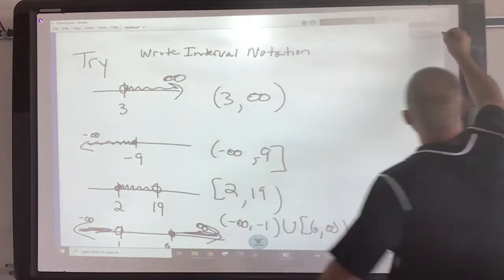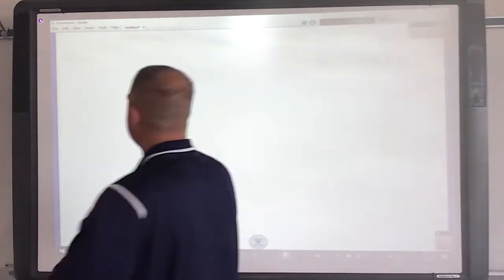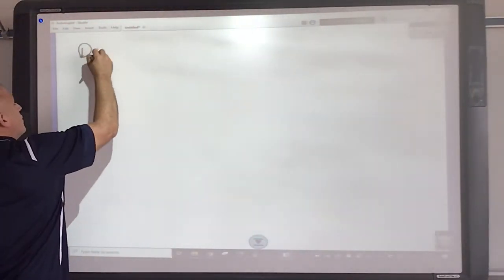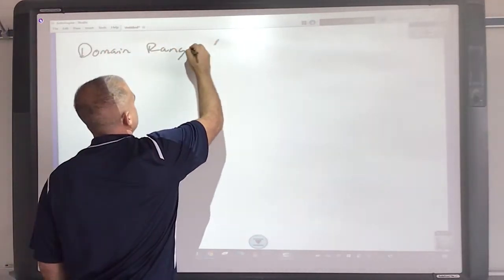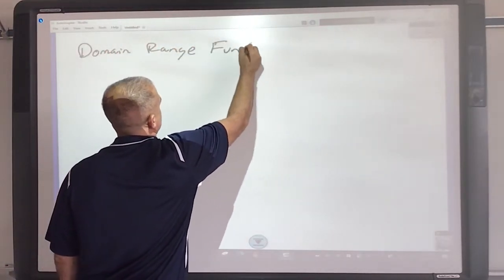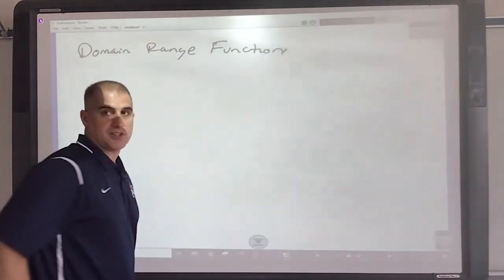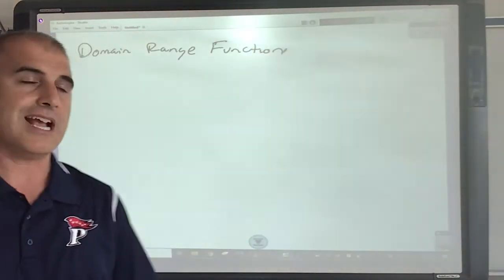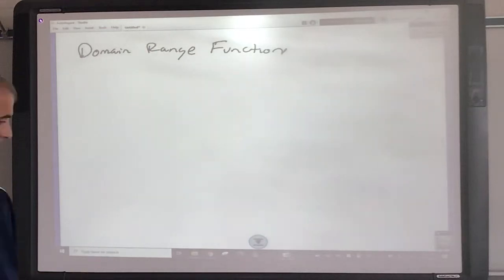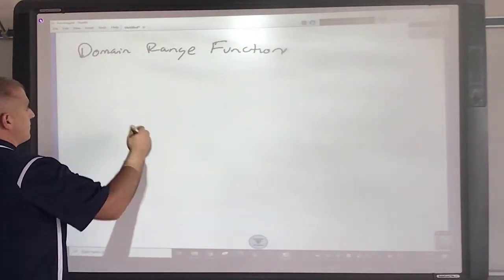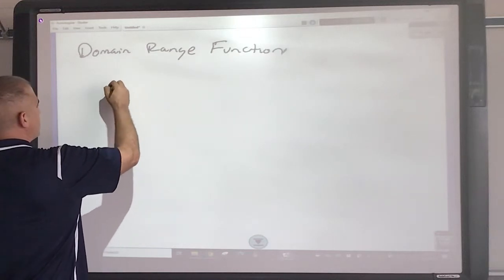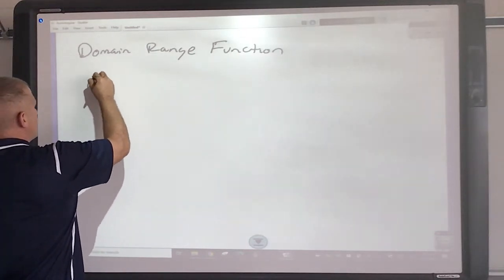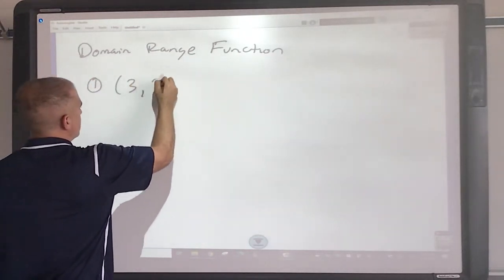The next thing is something you should have learned in Algebra 1: the concept of domain, range, and function. We're just going to talk about that in this lesson as a series of points. We're going to get into it in the next lesson with functions or equations. You can copy these examples. Let's say 3, 2.